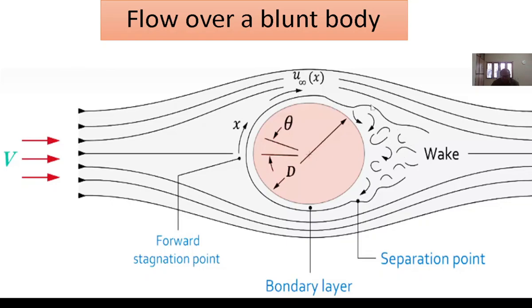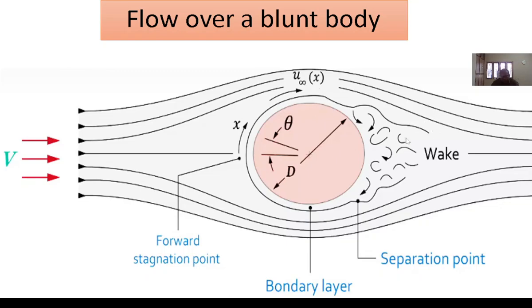From here to here, if you see, this area is more and here the area is less. So flow is happening in this direction from high pressure region to low pressure. Now from here to here, the area is increasing, so the pressure increases.